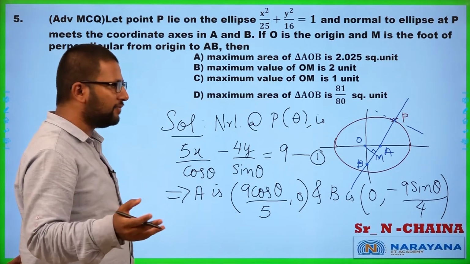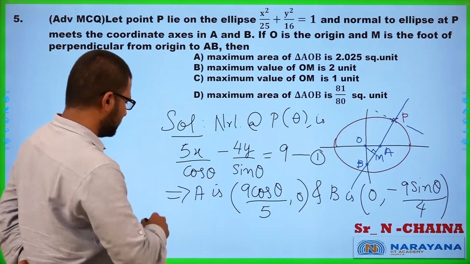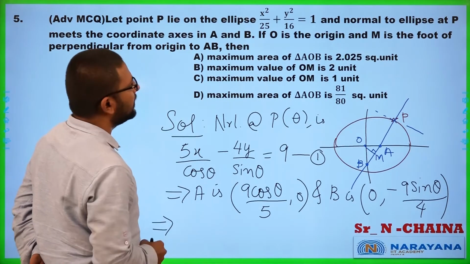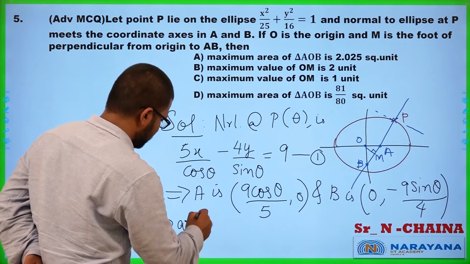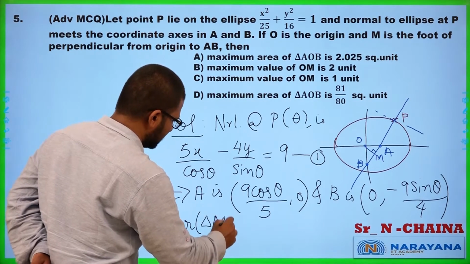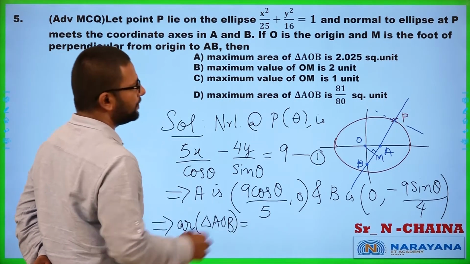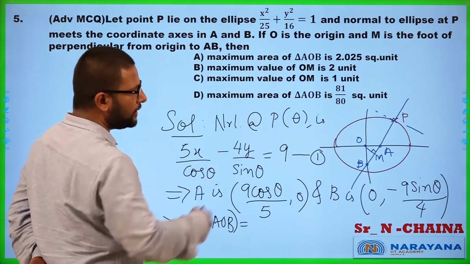I just need the area of triangle AOB, right? Triangle AOB is a right angle triangle. So area is half of OA into OB.